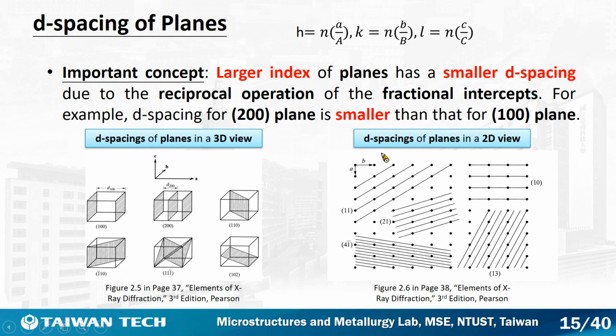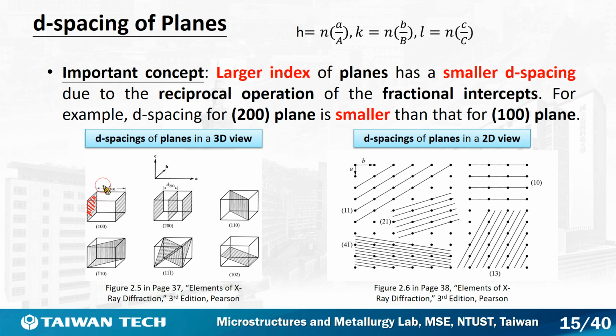And this slide shows the d-spacing of planes. D-spacing means you can first have a look at this 3D view. Okay, so let's see that. This is the 100 plane, right? These are 100 planes.